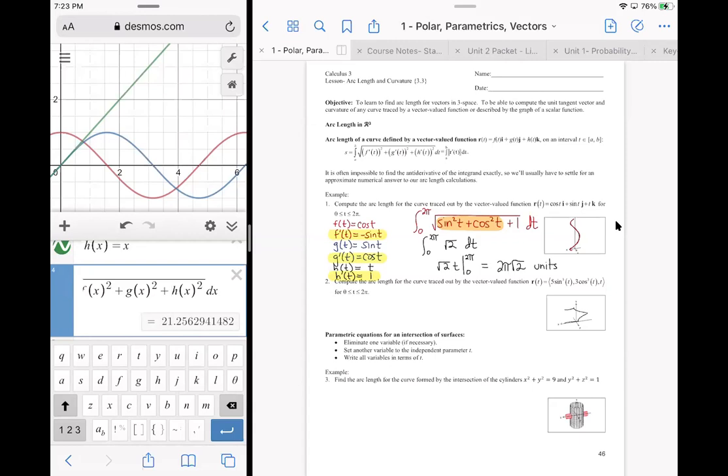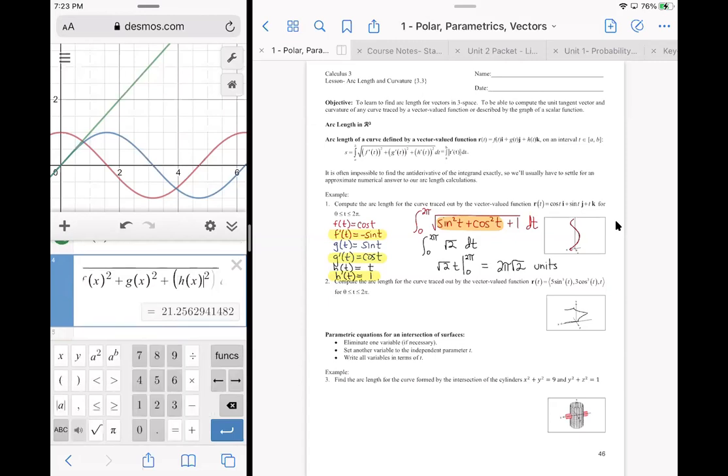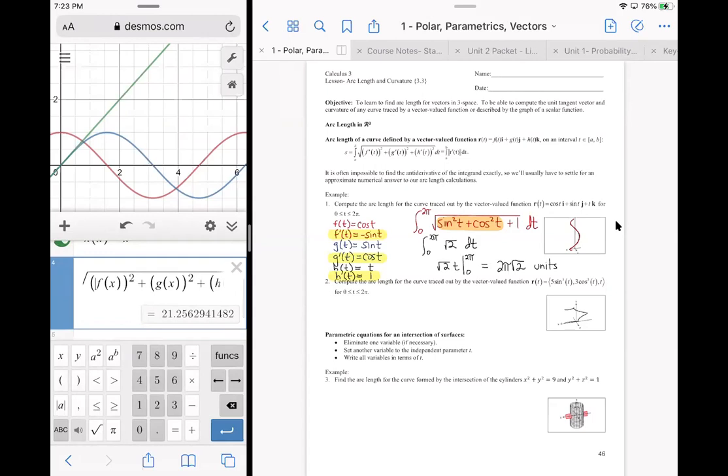It doesn't look right, so I just want to make sure about the parentheses. Yeah, that doesn't seem to be making a difference. All right, so I got the answer that I was looking for, in that the parentheses don't make a difference. So that's good news.